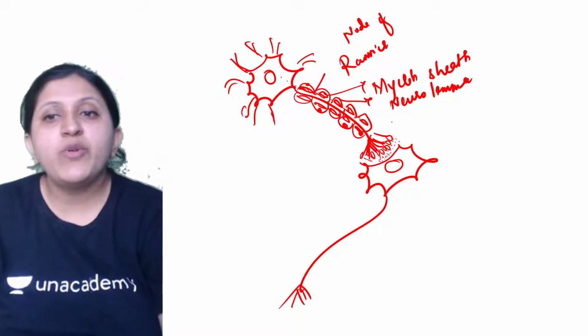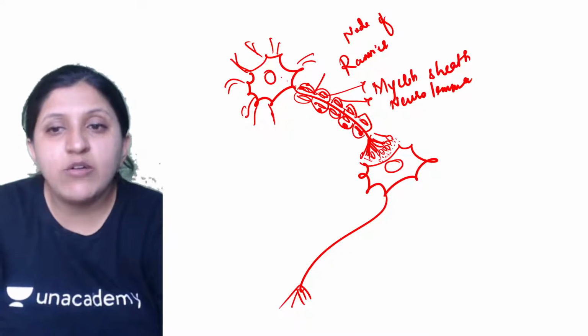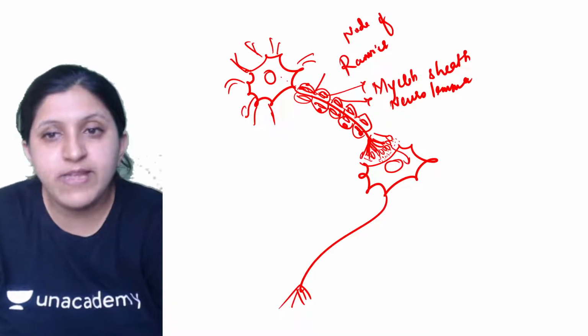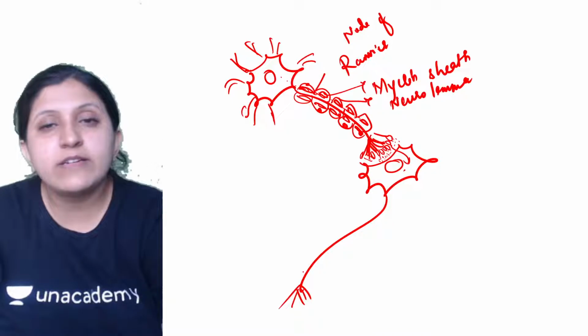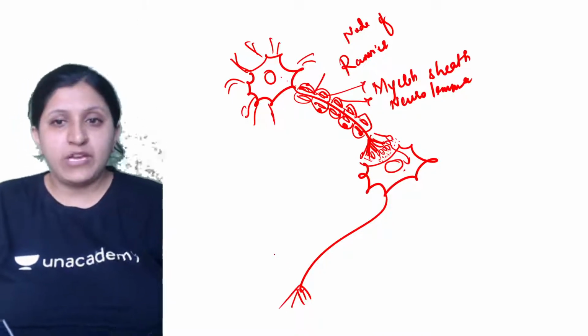Okay, so now as the diffusion has occurred, this cell body is going to receive that signal, and then it is conducting the signal to the respective part where it is joining.